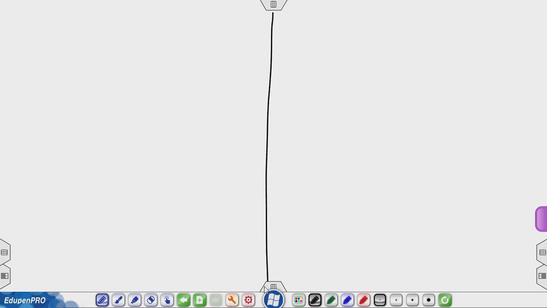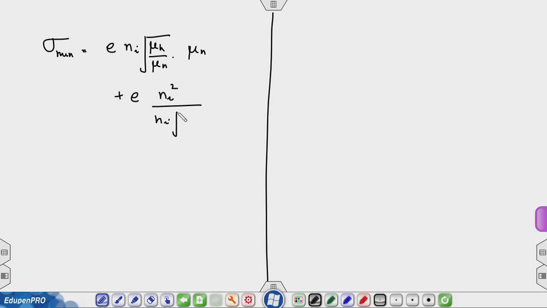Next, what is the value of this sigma minimum? So, sigma minimum is going to be e, and we have already calculated n, which is Ni square root of mu_h over mu_n times mu_n, plus e, the number of holes, which is going to be equal to Ni square, that is C(T), divided by Ni square root of mu_h over mu_n, times mu_h.